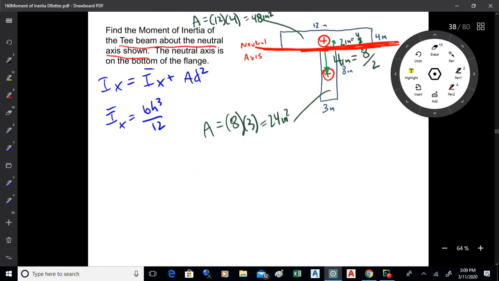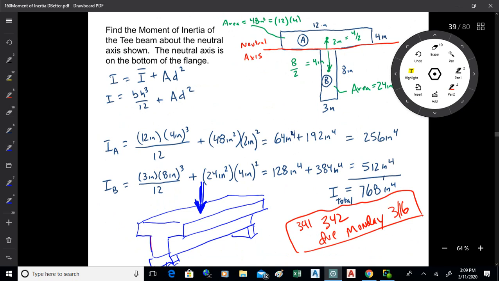So we went through a little example like that. And what we did there was we found the moment of inertia of that T-beam. We took BH cubed over 12 for each of the rectangles that make it up. And then, to account for the fact we were taking the moment of inertia about the neutral axis here, which runs through the centroid of neither of the rectangles, we then took the area of each of the rectangles times that offset distance squared.